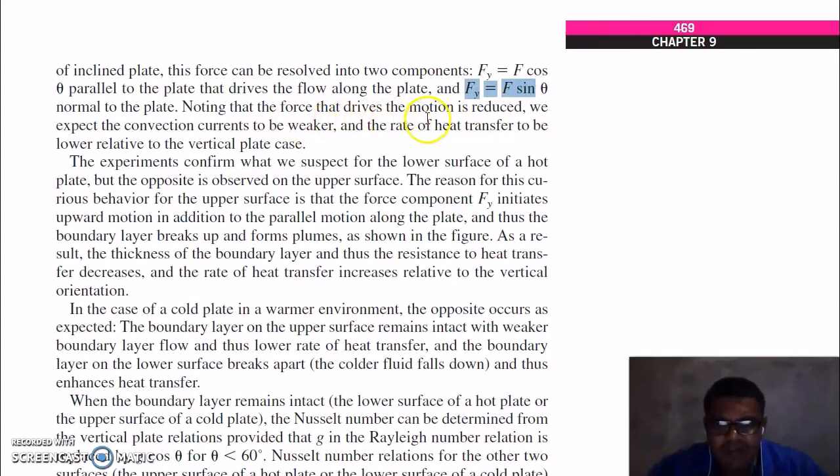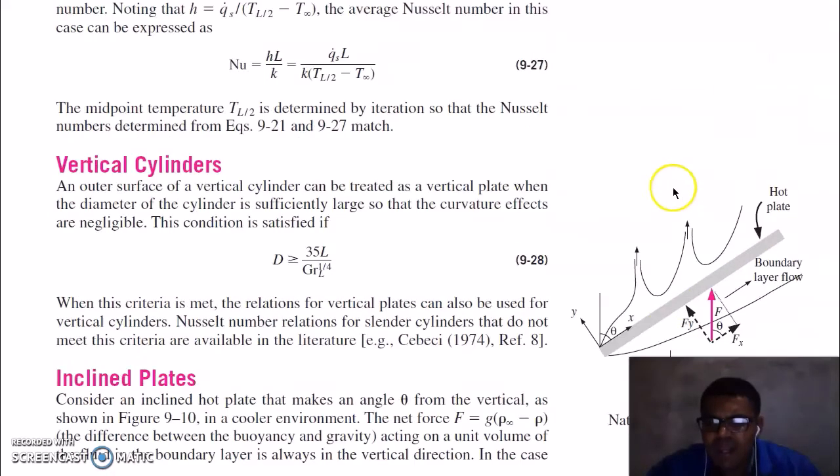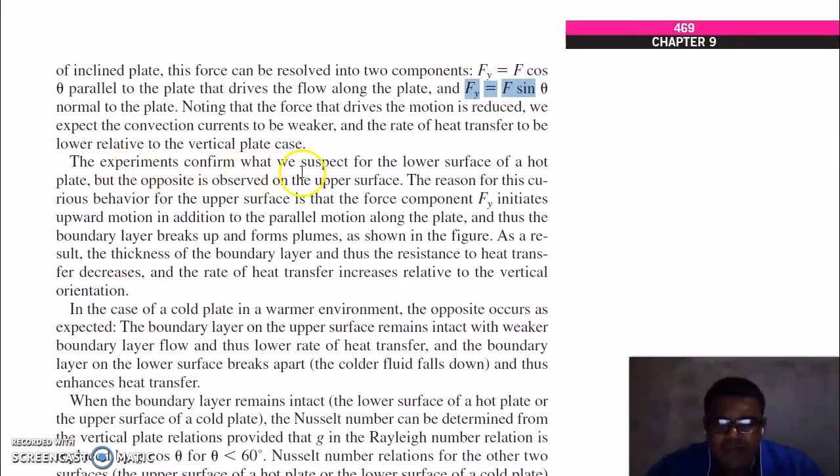Noting that the force that drives the motion is reduced, we expect the convection currents to be weaker and the rate of heat transfer to be lower relative to the vertical case. So this is weaker. It means the heat transfer is less in this case, inclined plate, as compared to if the plate is vertical. The experiments confirm what we suspect for the lower surface of a hot plate.